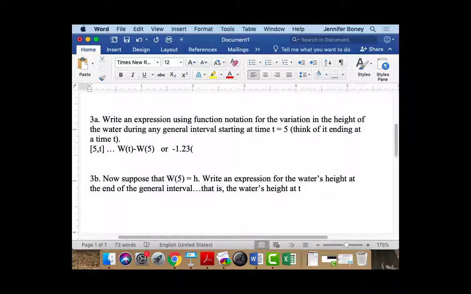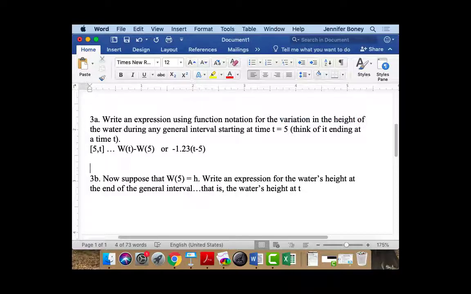T minus 5 minutes, right? However much larger t is than 5, that tells me the length of this time interval. So either y final minus y initial or m dx. Those both give me the same thing. They both give me dy, the change in the height, variation in the height.